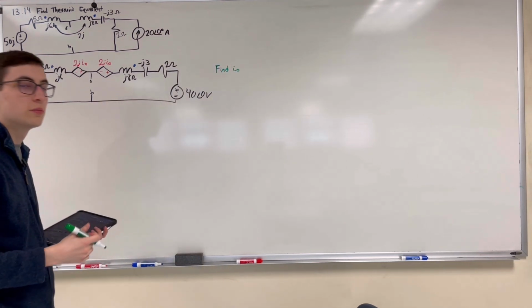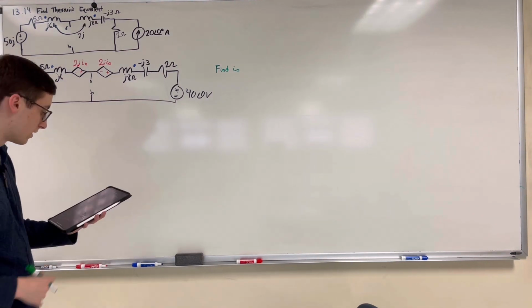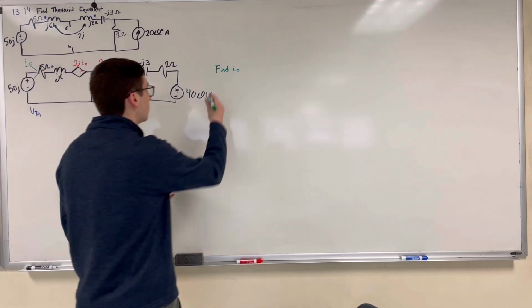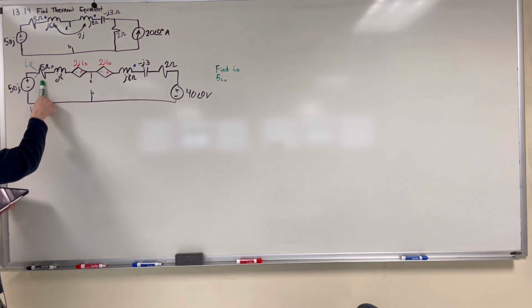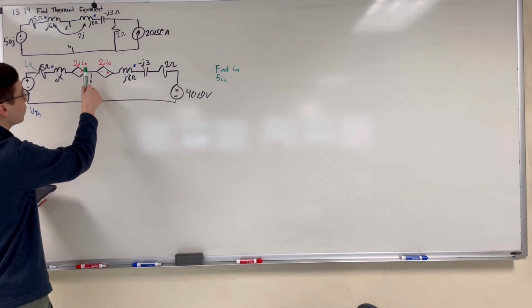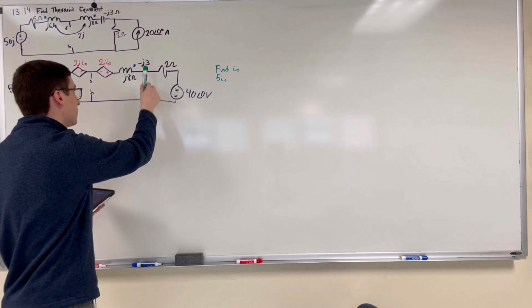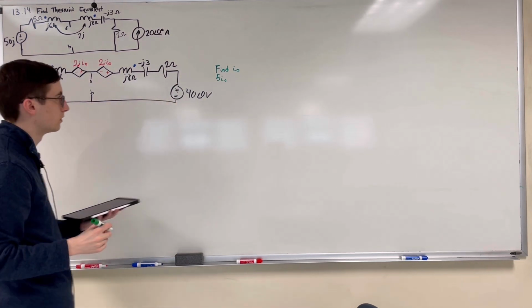And IO is just a simple one KVL loop. We're going this way through this resistor, then through this inductor, this dependent source, inductor, capacitor, resistor, and then through the voltage sources.